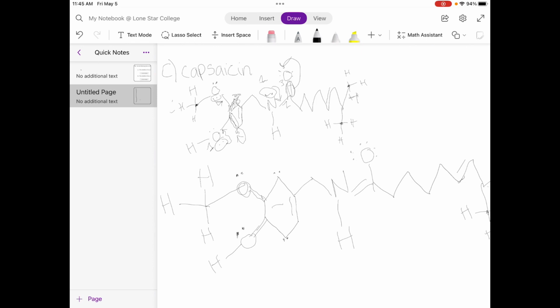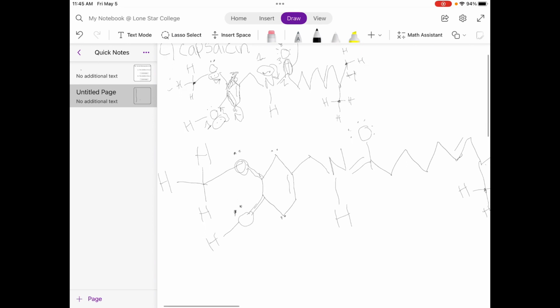Right here, I could do another resonance. You know what? Let me do that real quick. This is 1. Sorry, that looks like a 2. Let me redraw that. 1, 2, 3. So this basically moves here. This moves here.